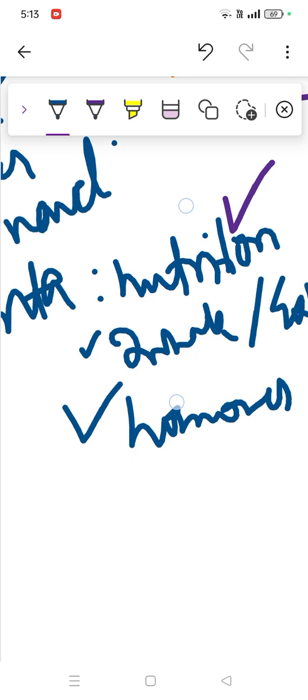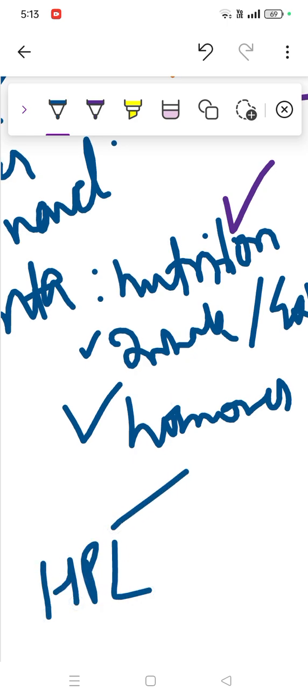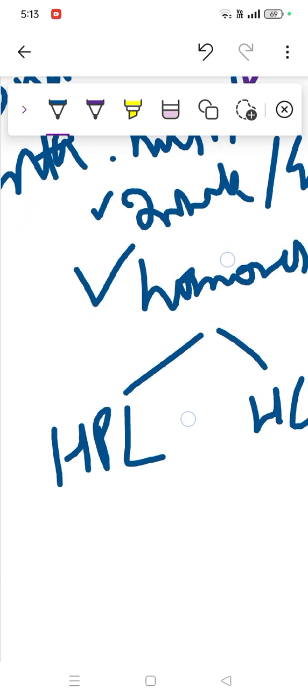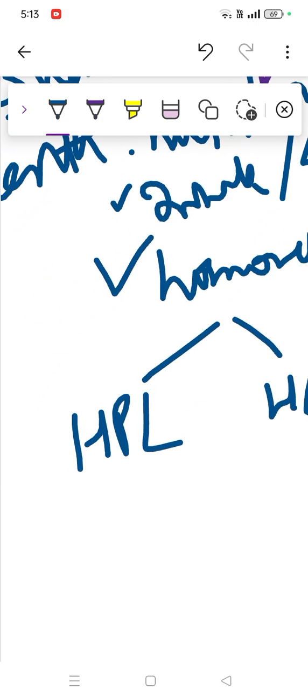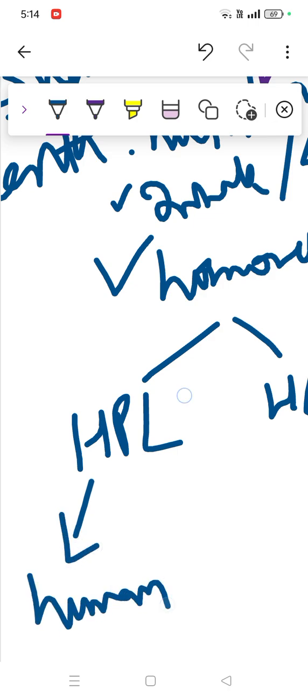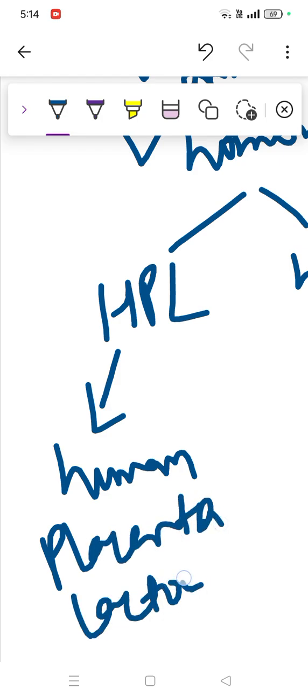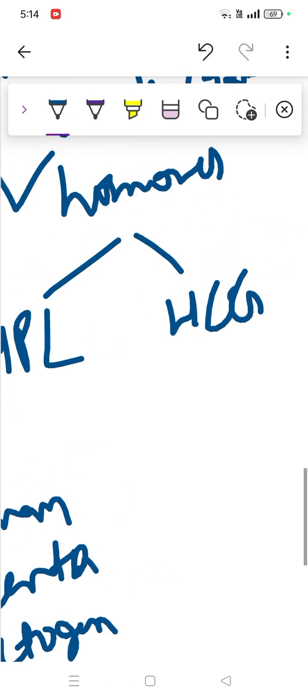Hormones like what? Hormones like HPL and HCG. HPL is human placental lactogen. HCG is human chorionic gonadotropin hormone.